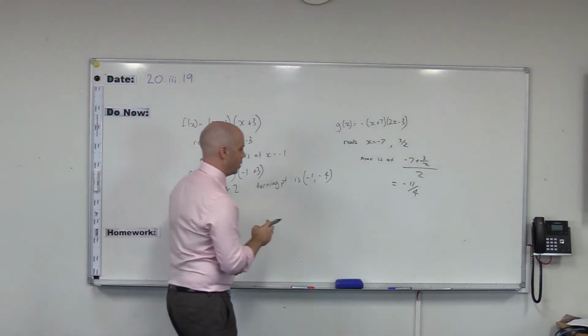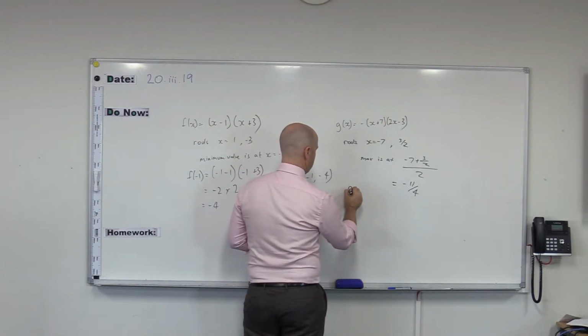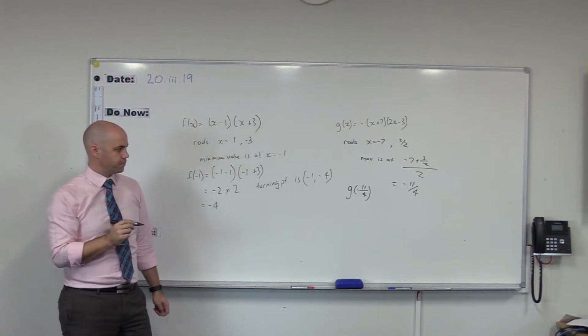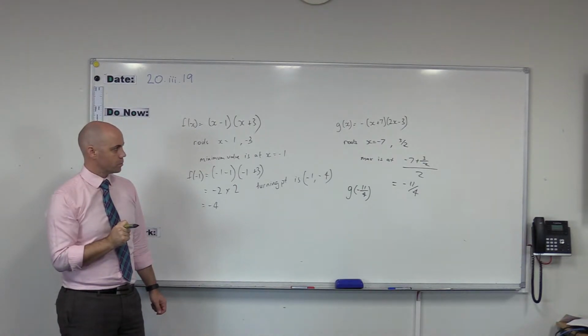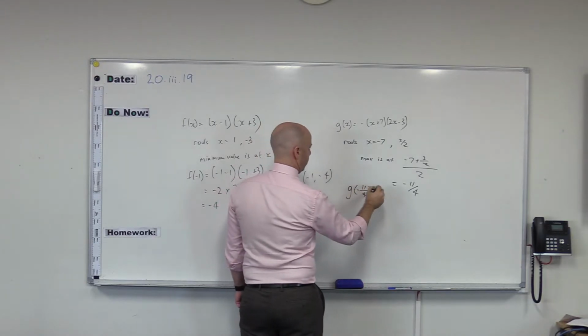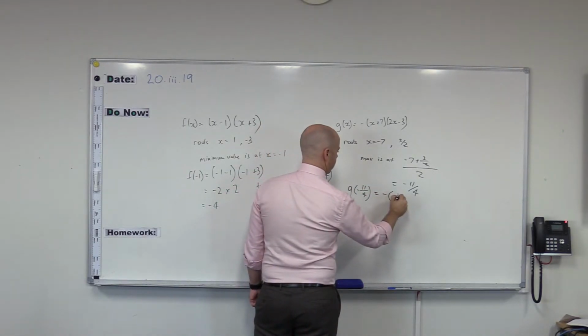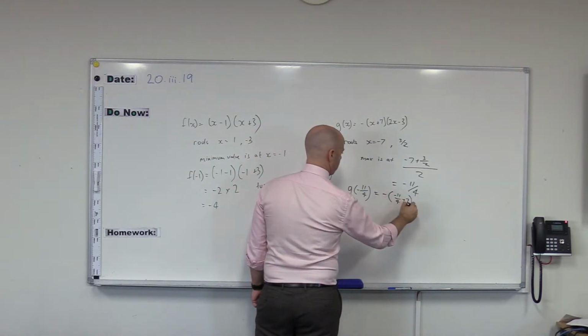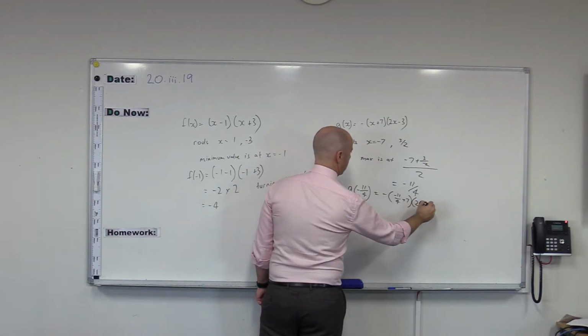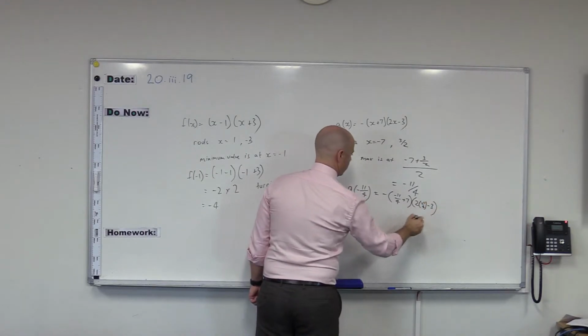So now we say, what is the function value at -11/4? Put it in. -11/4 plus 7 times 2 times -11/4 minus 3.